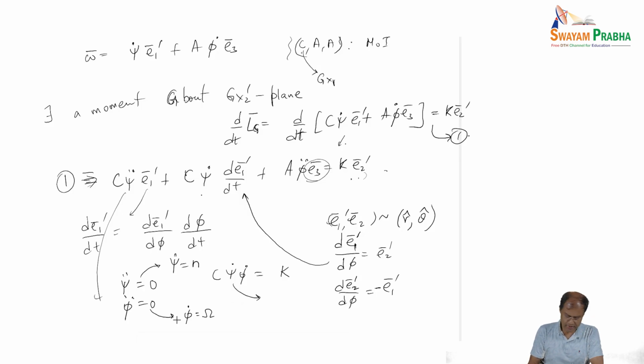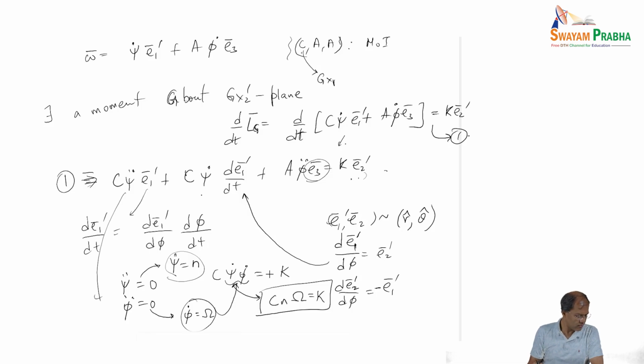So psi dot is n, this is a constant, and phi dot is omega. We can plug all this information in the third relation. We get that C n capital omega is K. So this is our gyroscope equation, for which there is a moment about the E2 axis.